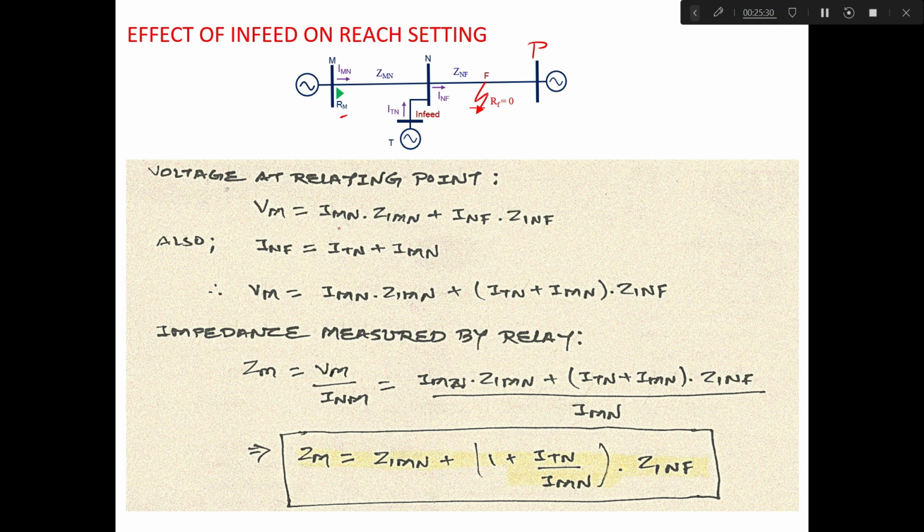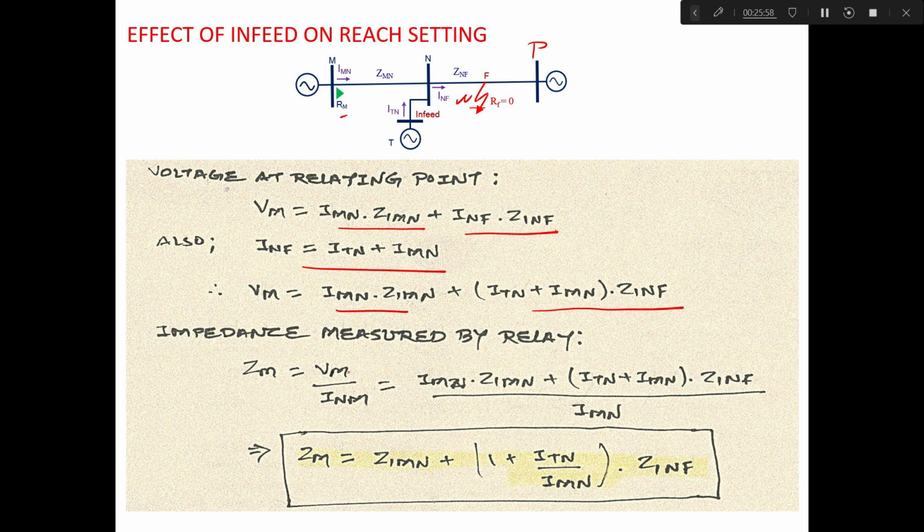So, Imn times Z1mn, where Z1 means positive sequence, plus Inf times Z1nf. We are considering only the positive sequence impedance. Now this current Inf from bus N to the fault point will be Imn plus Itn. So Vm will be Imn times Z1mn plus (Itn plus Imn) times Z1nf.